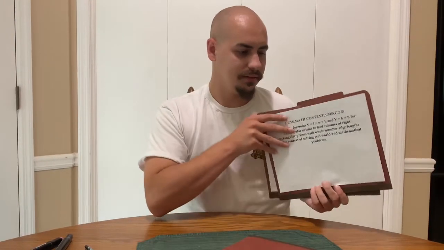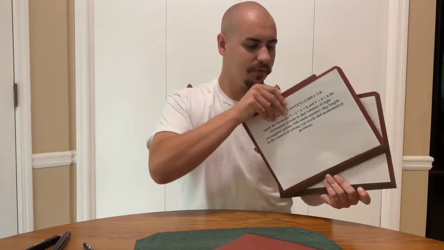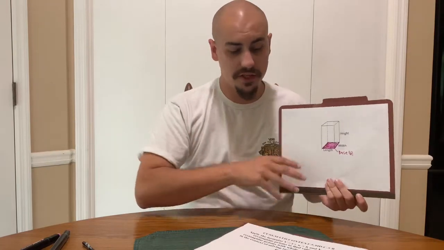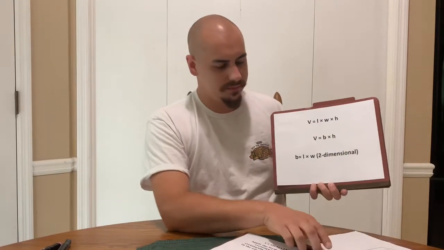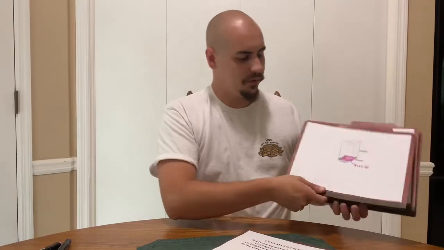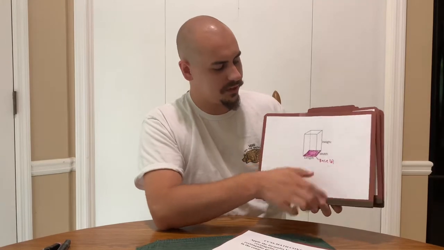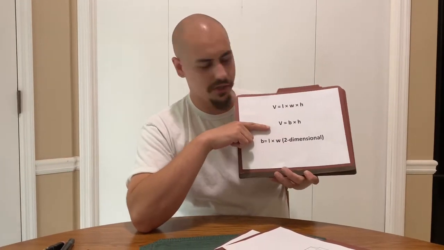So what exactly do we mean when we talk about these different equations? So here we have volume equals length times width times height. Now, this might seem at first like a completely separate equation when it says volume equals base times height.